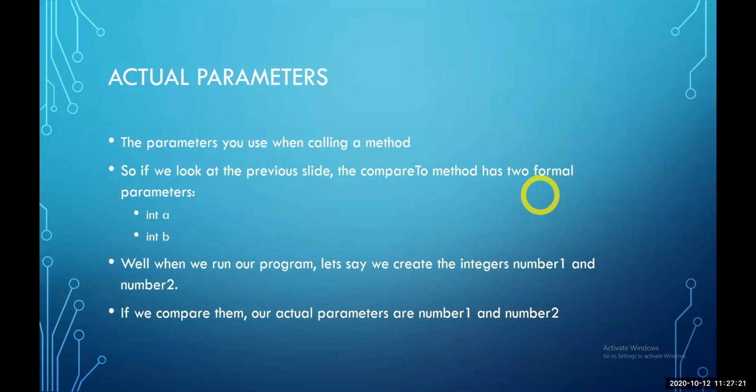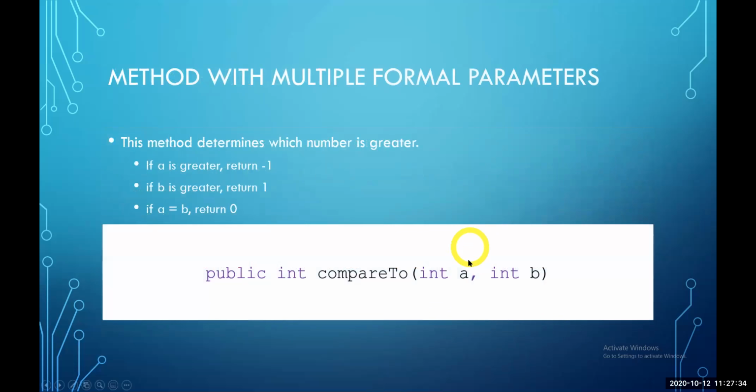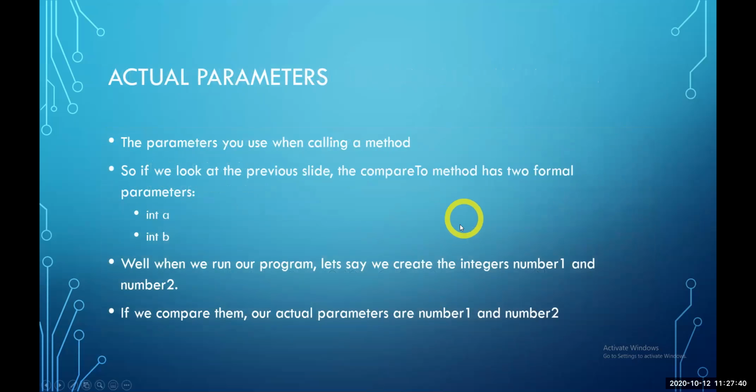Those are our 2 numbers, and we read them in from the console. If we compare them, number1, number2, those are our actual parameters. Whereas A and B are our formal parameters, because that's in our method declaration or method signature. When we call the program, the actual numbers we use are our actual parameters.